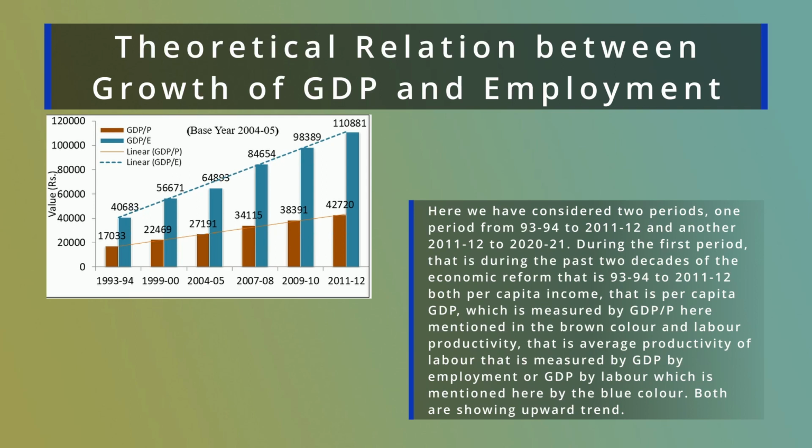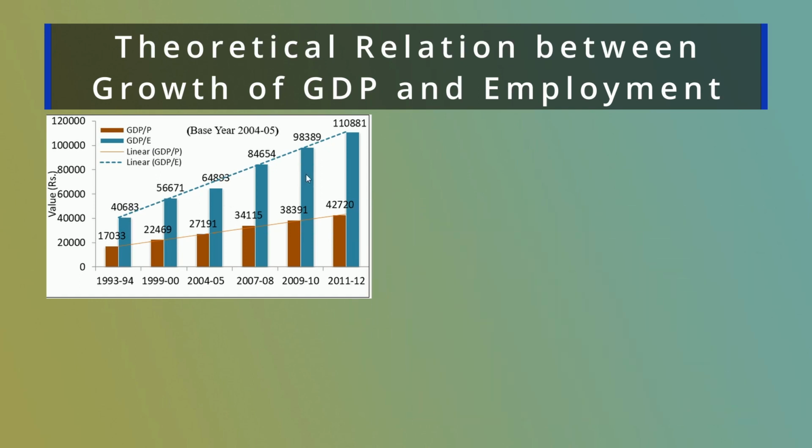During the first period, that is during the first 2 decades of the economic reform, both per capita income, that is per capita GDP, which is measured by GDP by P, here mentioned in the brown color, and labor productivity, that is average productivity of labor, measured by GDP by employment or GDP by labor, which is mentioned here in the blue color, both are showing an upward trend.